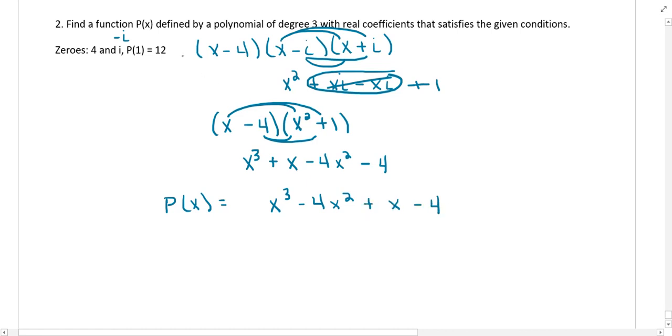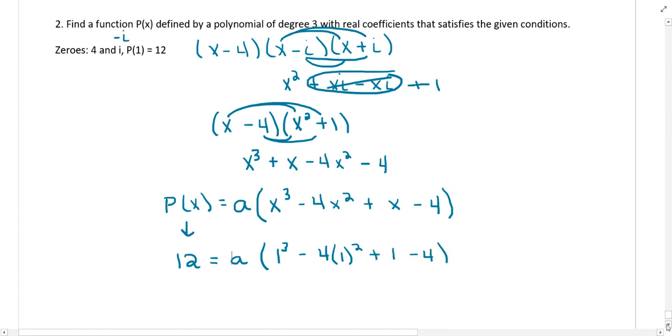Now we're meeting these conditions where p of 1 equals 12, which means I have an a value, your leading coefficient, that might not be 1. So we have to find what that is. So your input is 1, your output is 12, which means this becomes 12, and all of these x values are going to become 1. So you have 1 cubed minus 4 times 1 squared plus 1 minus 4.